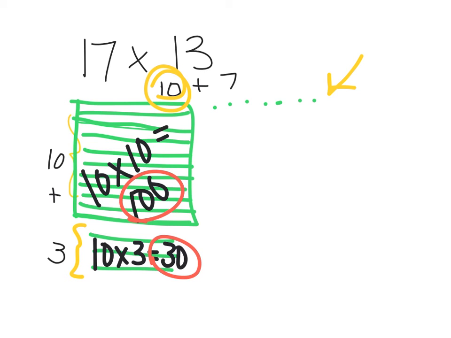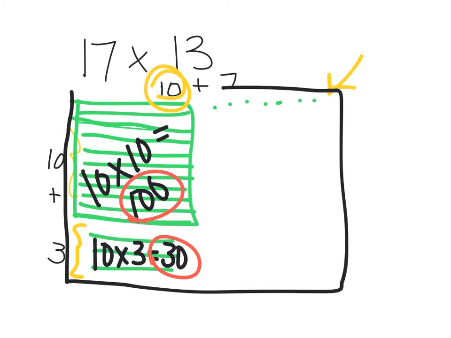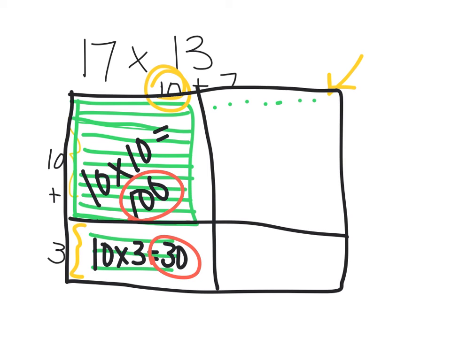How many groups of 7 do I need? 1. No, not 1, because I already have 1 group of 7. Does that fill in my array? Because remember, this is like a giant box method. Oh, 10. Very good. This is like a giant box method, just with a picture inside of it. I need 10 groups of 7.